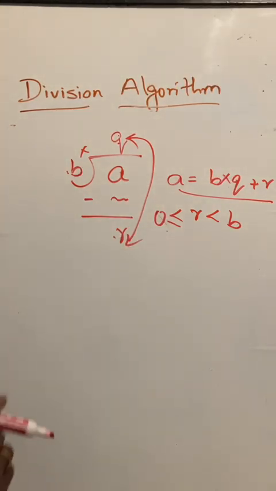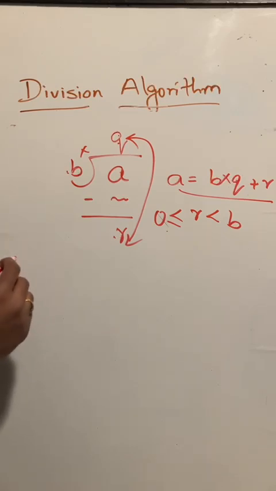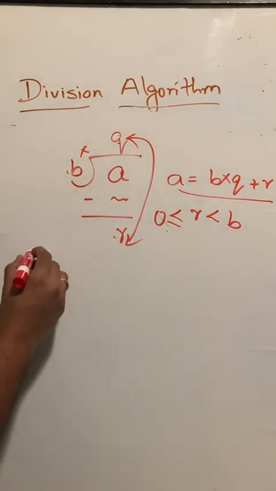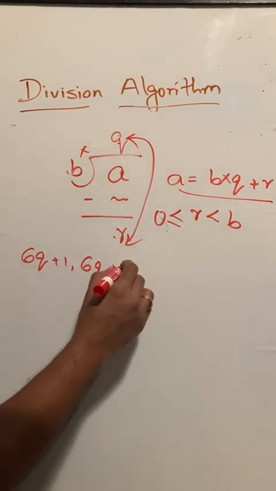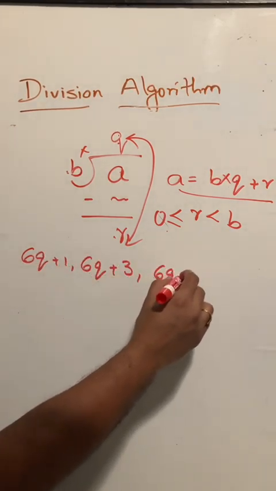Let's see what our problem 3 was that we initially discussed. The question we got is 6q plus 1, 6q plus 3, 6q plus 5.